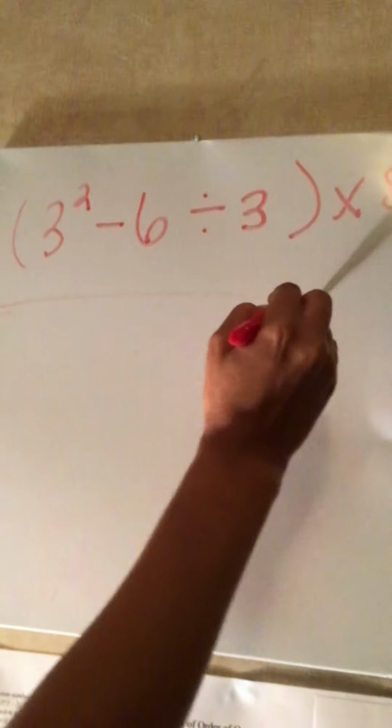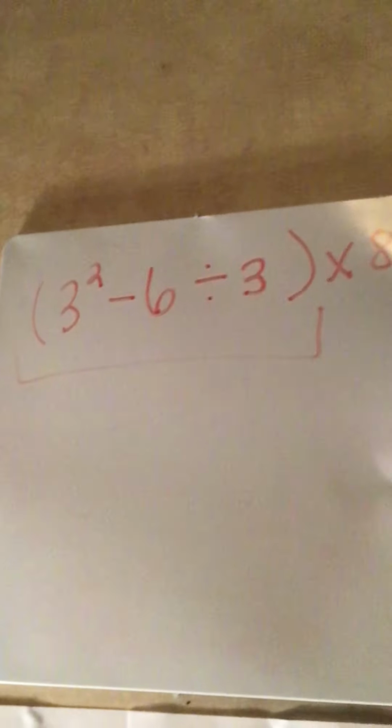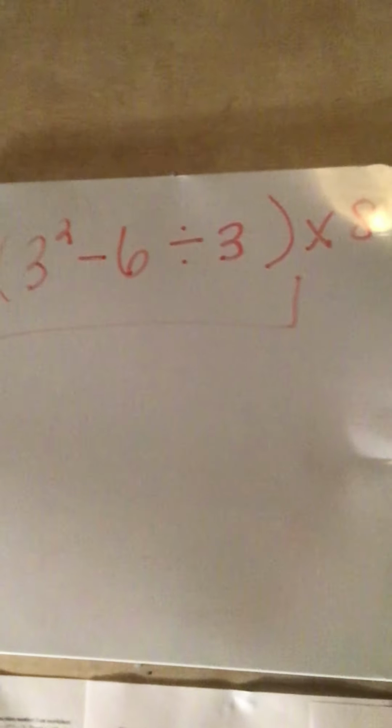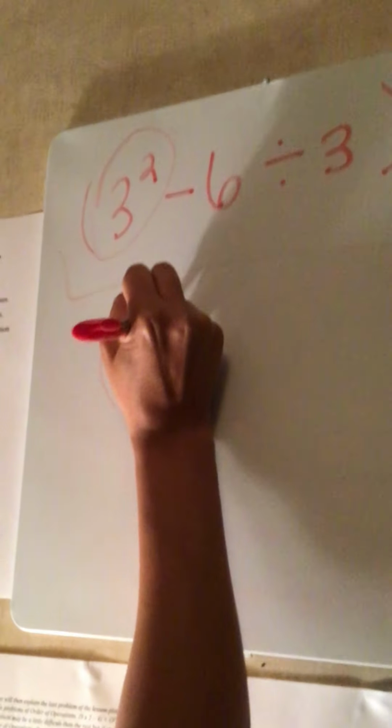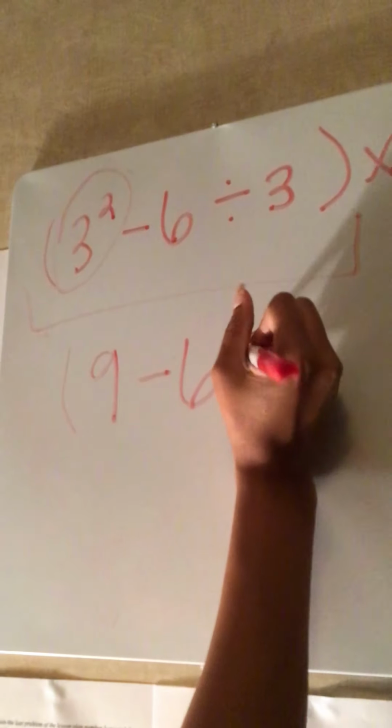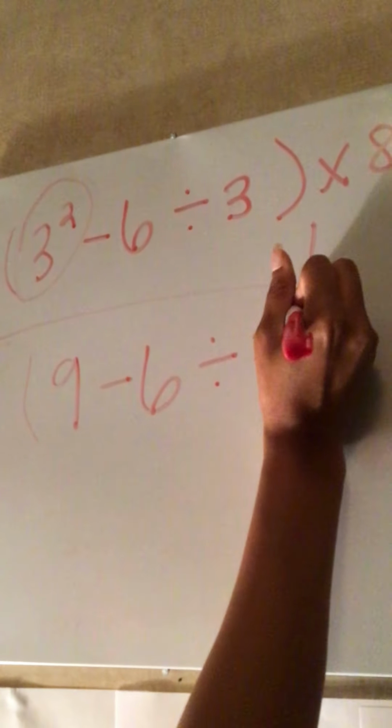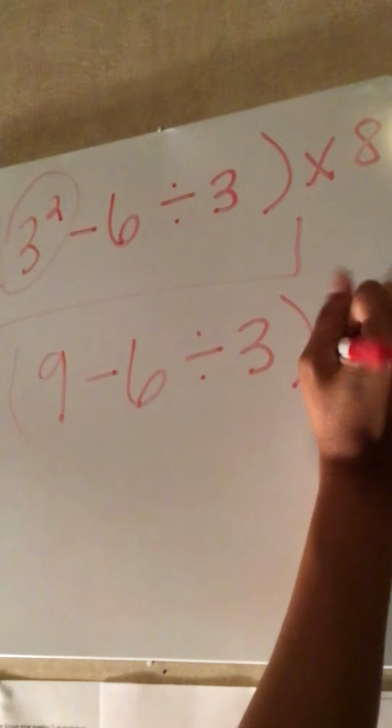If we go by the order of operations PANDA sheet, we know we must perform anything within the parentheses first. So we know we're going to work this part of the problem first. Second, we must perform operations with exponents. So we're going to simplify this. 3 to the second power, we just put that in the calculator and we get 9. So now our problem reads 9 minus 6 divided by 3, close parentheses, times 8.